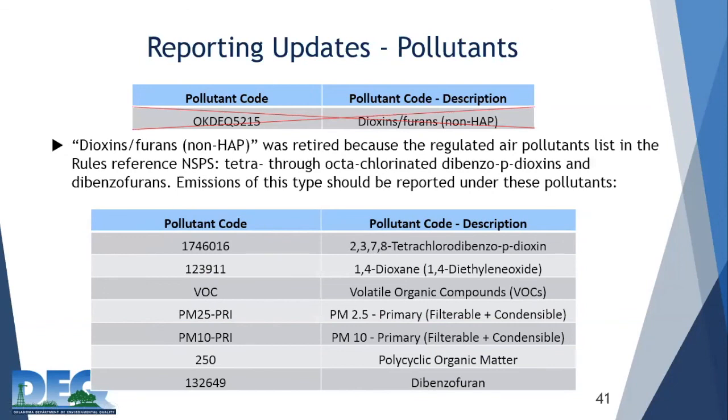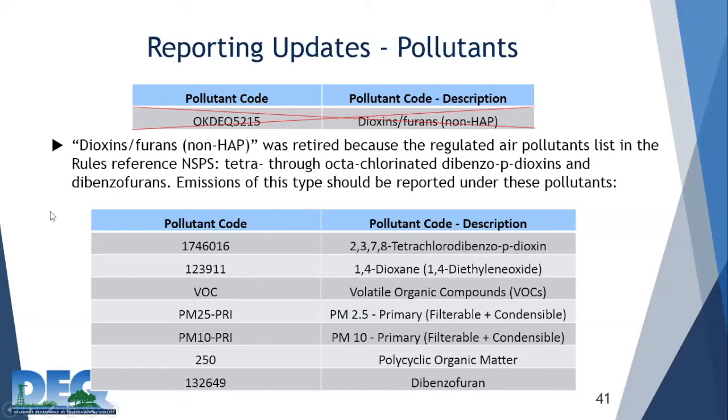Another change that is important is we have gotten rid of the dioxin furans non-HAP pollutant. We retired that because our regulated air pollutants list in our rules references NSPS that specifically calls out tetra through octachlorinated dibenzo-p-dioxins and dibenzofurans.